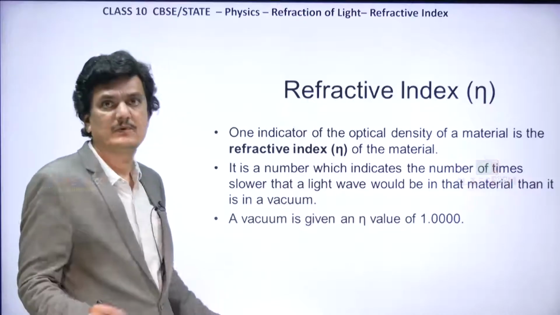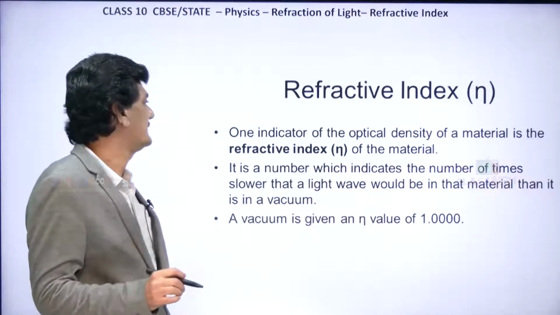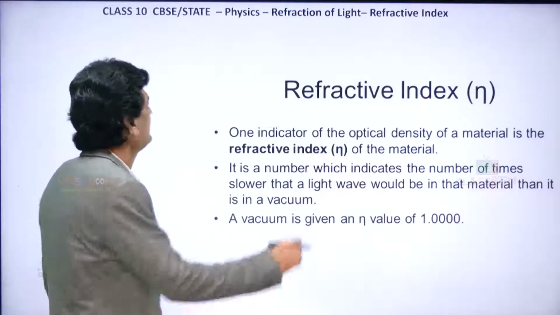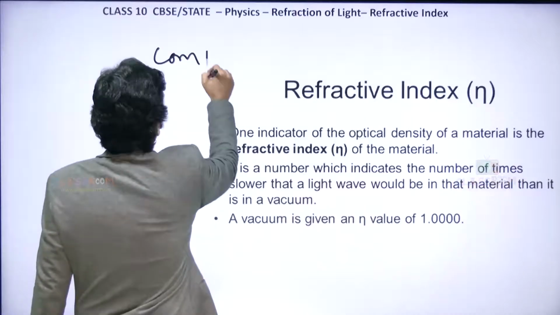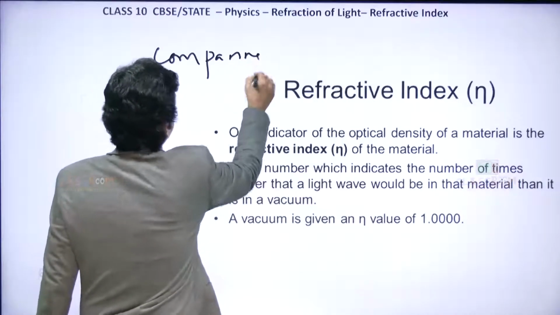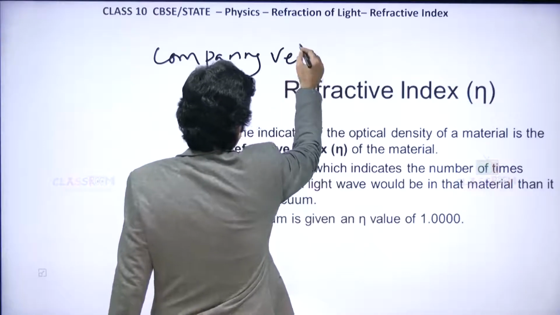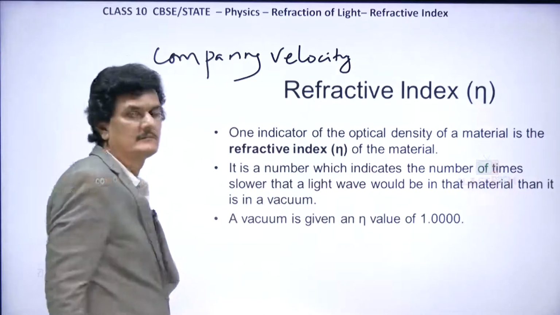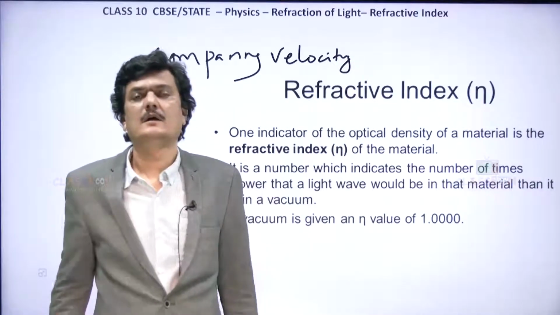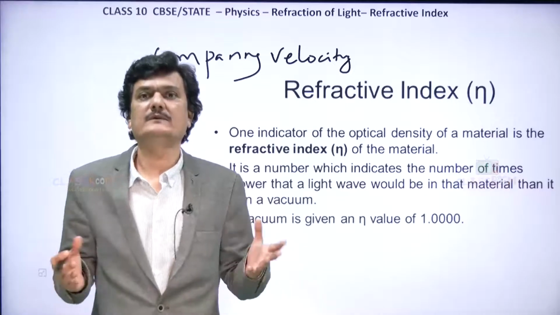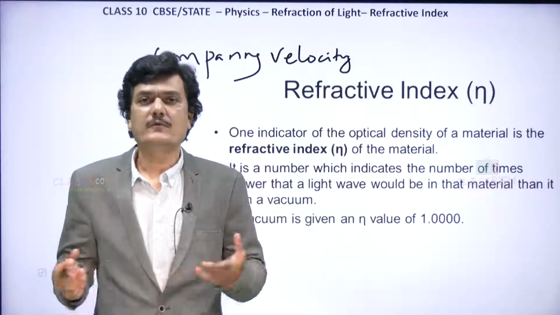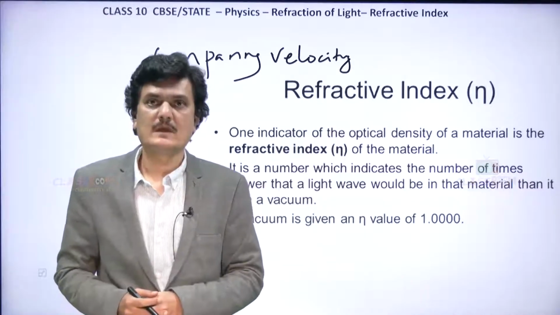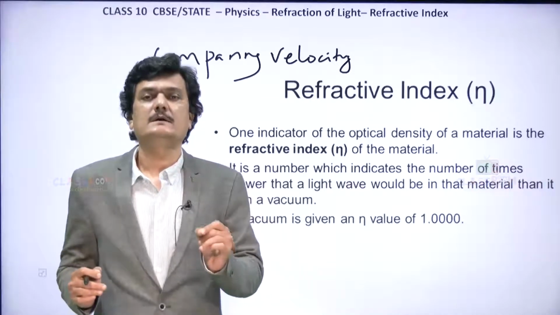Means what it is doing is that refractive index is comparing velocities. Refractive index is doing what? It is comparing velocities or speeds. With what is it comparing? The velocity of light in different mediums. And what standard should there be?